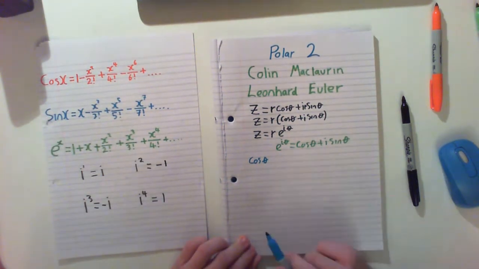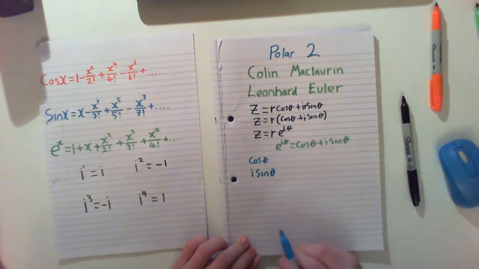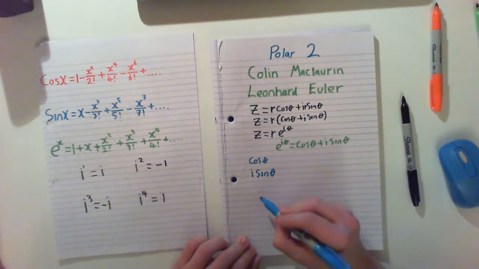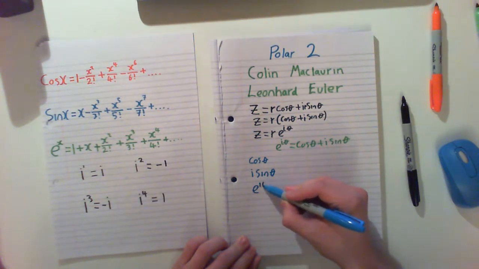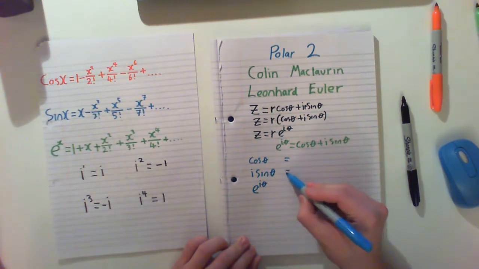For sine, however, this is going to be i multiplied by a function of theta, and for e, this is a function of i theta.